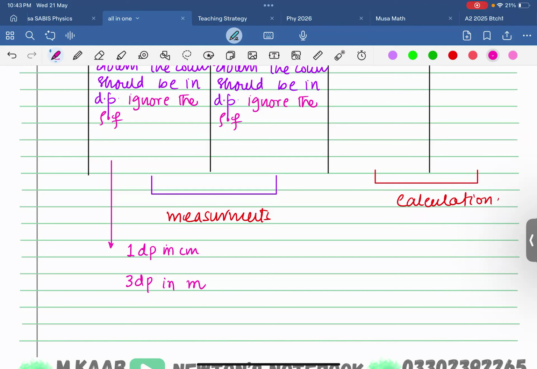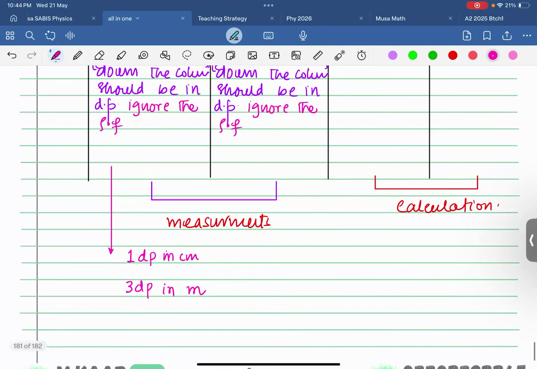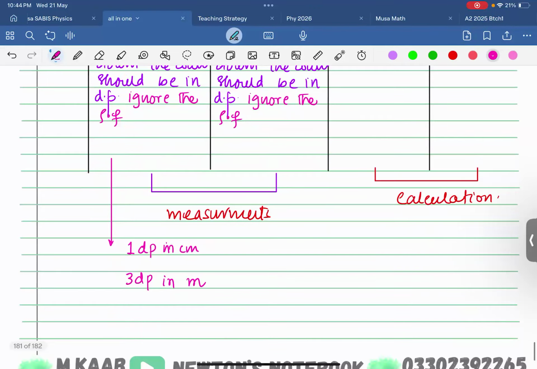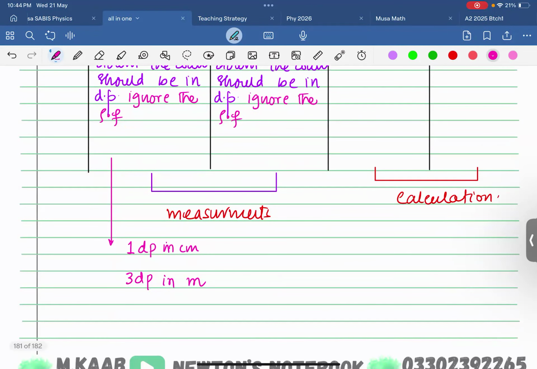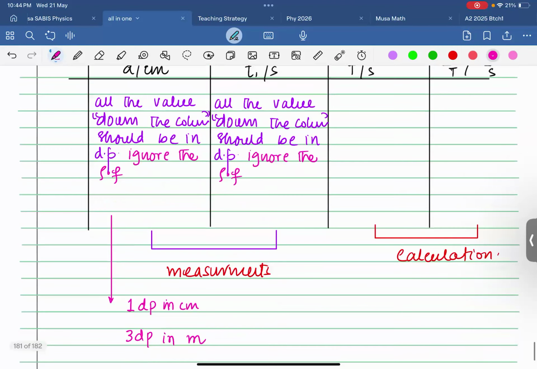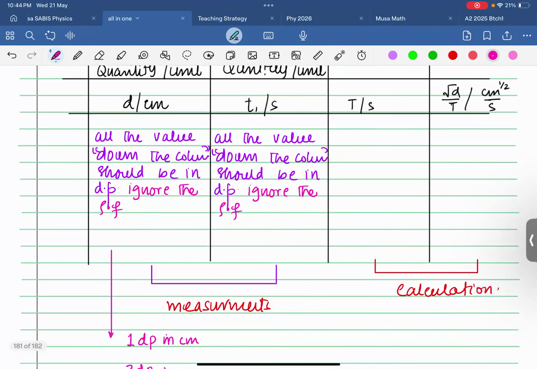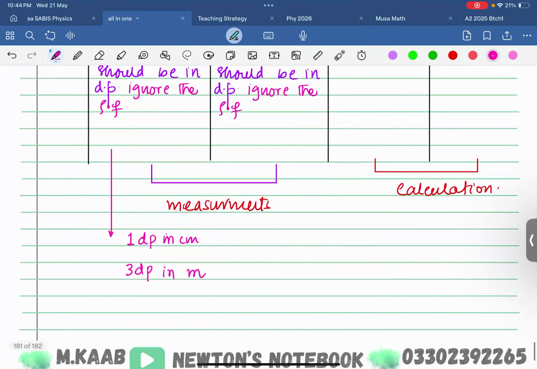So if you're measuring anything with a meter rule, then you have to write it in 1 dp if you're measuring in centimeter, and 3 dp in meter. Now, as far as the time is concerned, you use a stopwatch, and a stopwatch contains two decimal places, you know that.